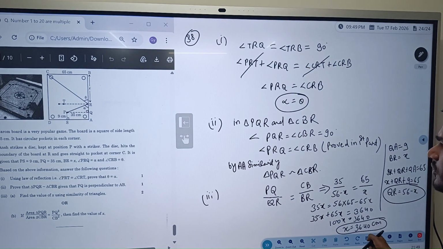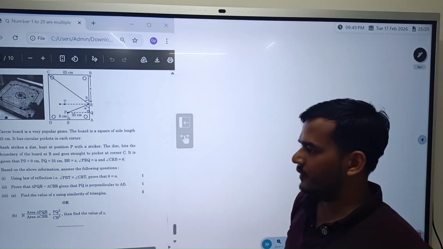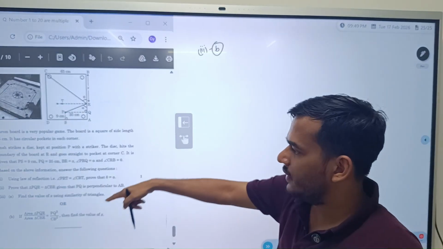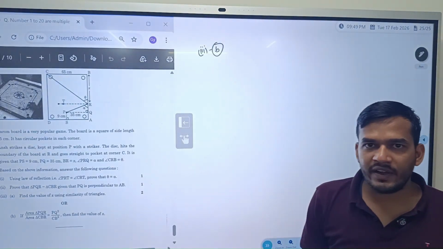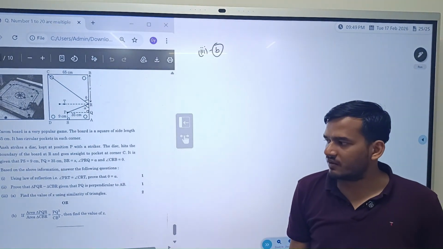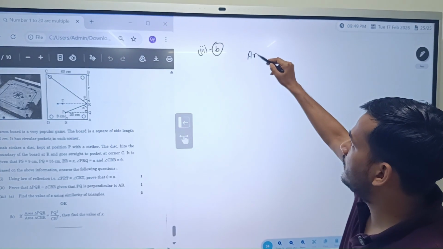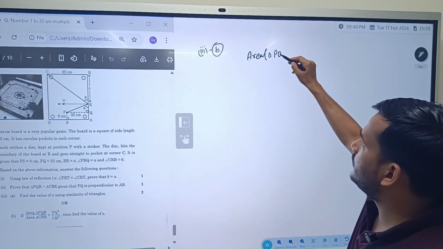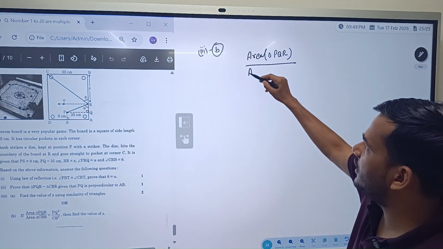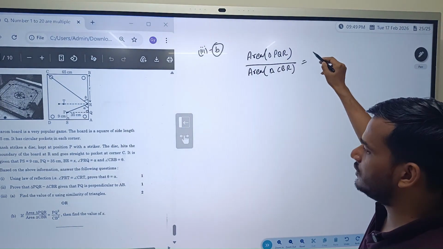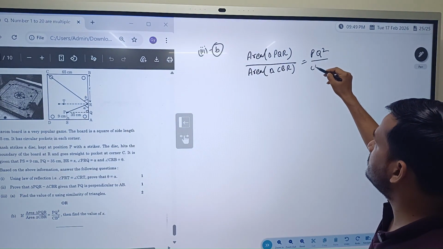Now the OR part, third B. It is given that the ratio of the areas of triangle PQR and CBR is given: area of triangle PQR upon area of triangle CBR is equal to PQ square upon CB square.